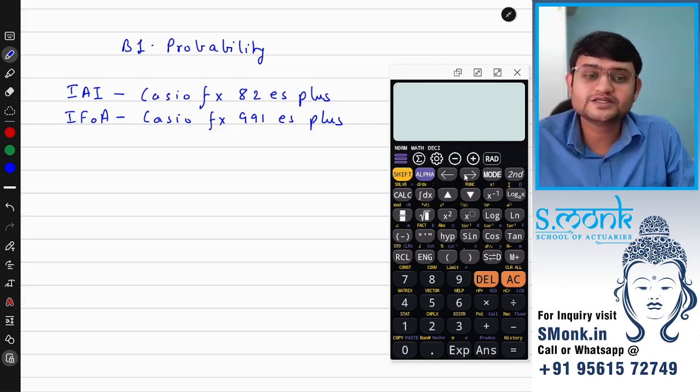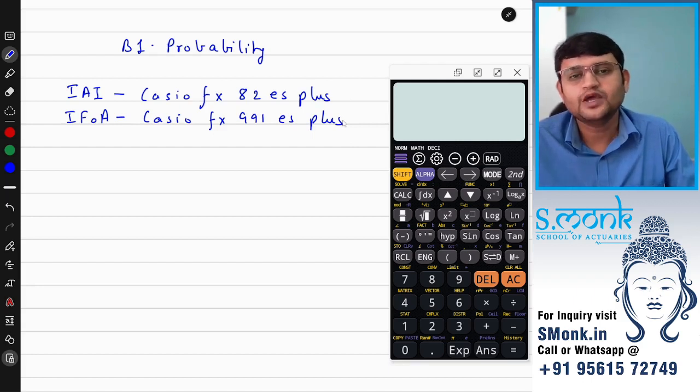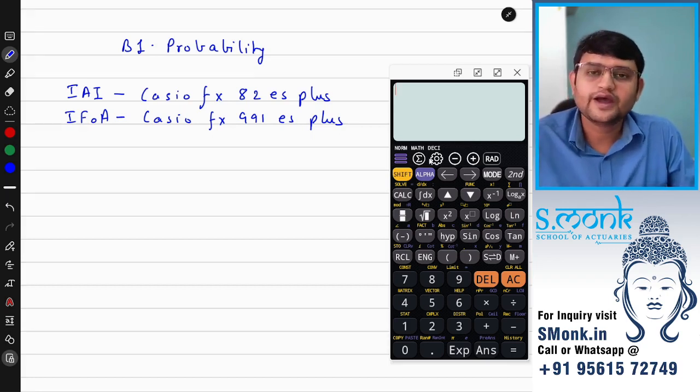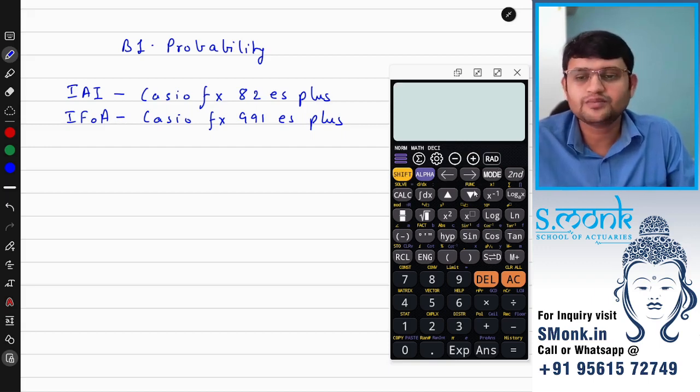But I would suggest that you buy the physical calculator as soon as possible and use that, because the more practice you do on the physical calculator, the easier it will be for you to study and later on use, and the faster you will get and the fewer mistakes you will make. Okay, so have the physical calculator, but until you have it ready, you can download an app. The problem is the apps have a lot of ads and stuff that might be very annoying. So have the physical calculator and keep that with you everywhere you go.